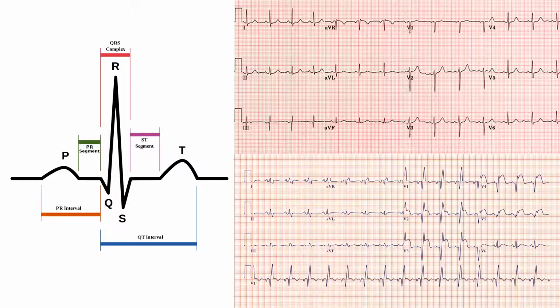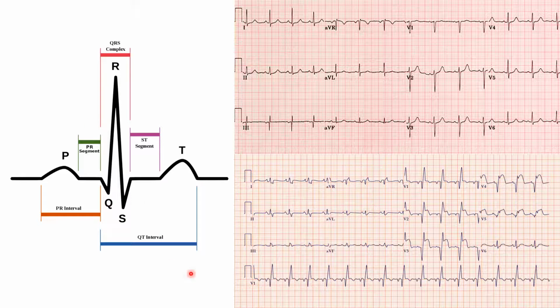Now take note, guys, that the main parts of an ECG contain a P wave, a QRS complex, and the T wave. Now, what do we mean by P wave?